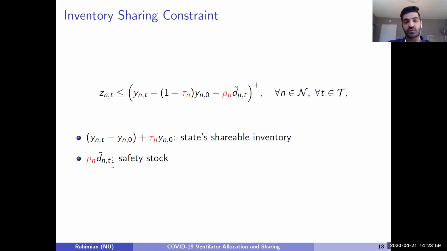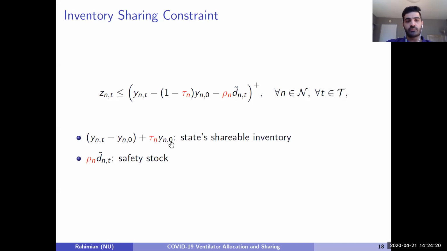So the state inventory can be divided in two sections. The initial inventory, which is this Y0 inventory that we have from historical inventory, and also part of the inventory that we have got from FEMA, which is captured through this difference term.